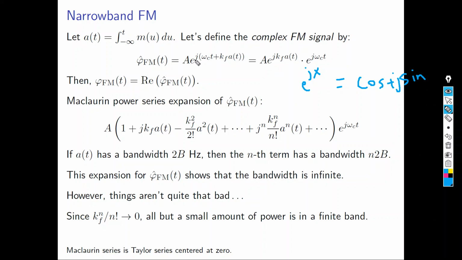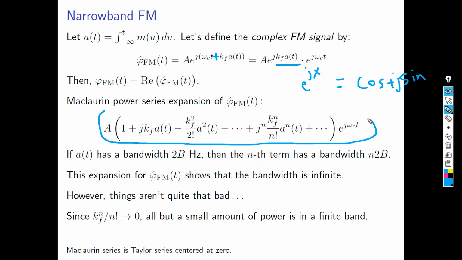And since there is a plus sign, you can take two factors, e to j kf alpha a of t, multiplied by e to j omega c t. If you take the real part, then you will end up having something like this using the power series.